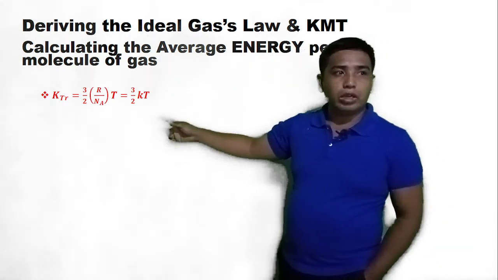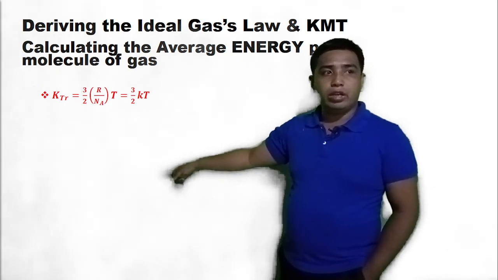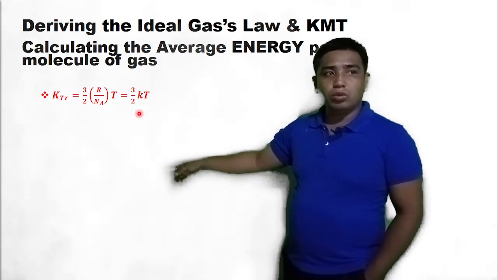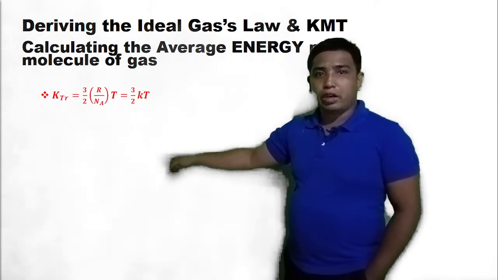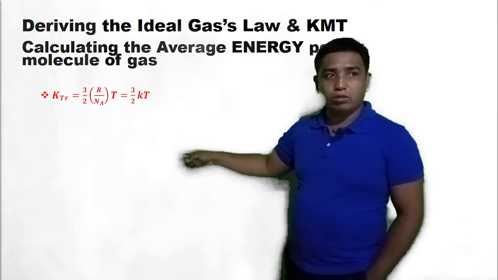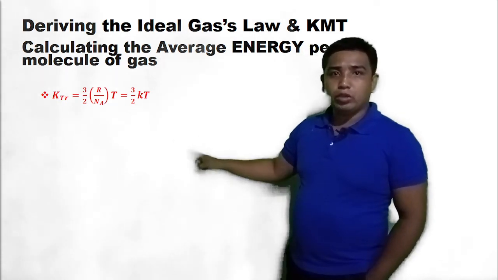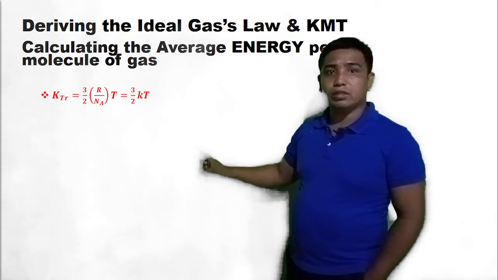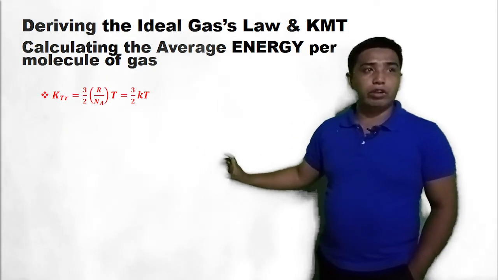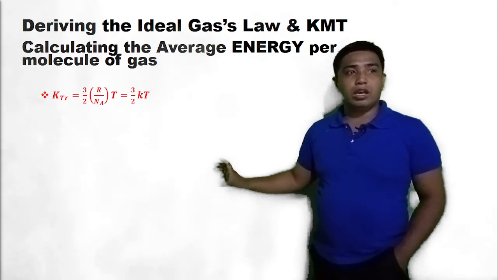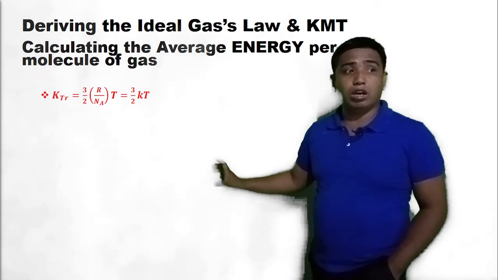KTR is equivalent to 3 over 2 R over Avogadro's number times the temperature, and this is equivalent to 3 over 2 k, the Boltzmann constant, times the temperature. So this is the formula for calculating the average energy per molecule of the gas.